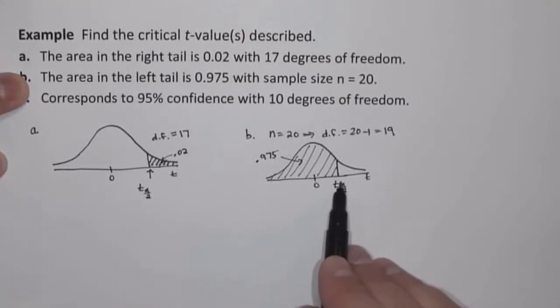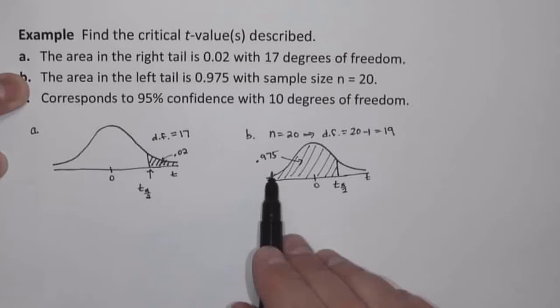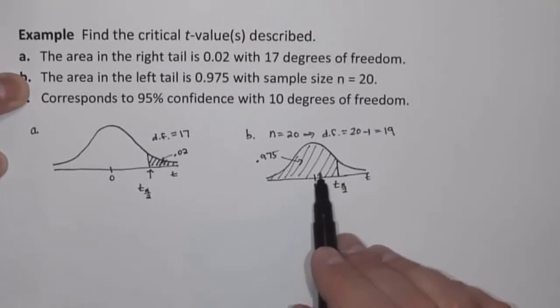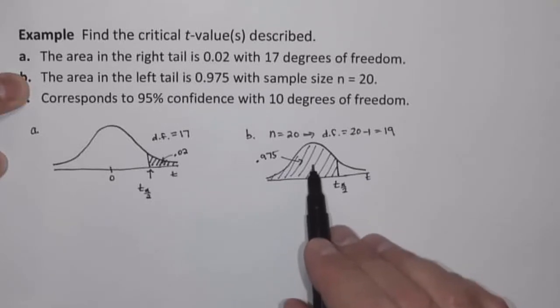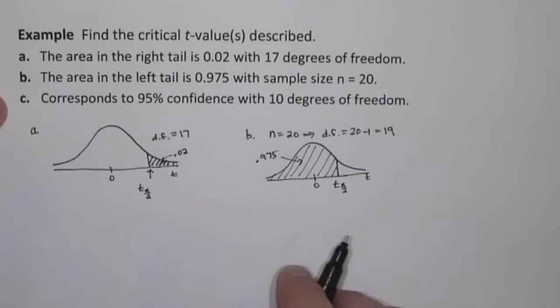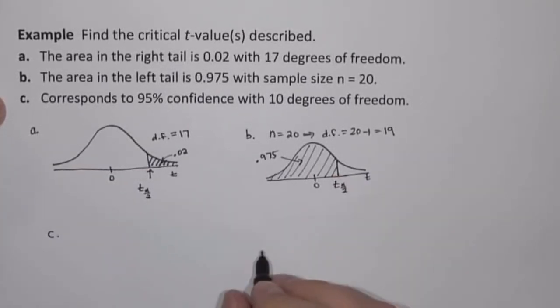In the same way, I know that this value is going to have to be positive, because the only way we're going to have 0.975 in the left tail is if we have a value over here to the right of 0, because the 0 is like the 50-50 split on either side. Take a look here at C, and then we'll come back and actually find the values.